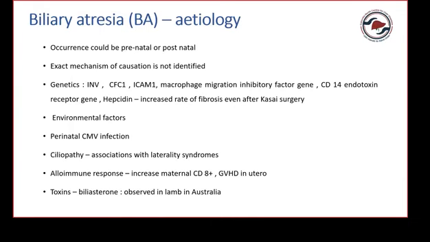There was an interesting finding in Australia, where lambs were found to have biliary atresia on autopsy, and retrospectively it was found they were exposed to a toxin called biliatresone. However, this is not demonstrated in humans.